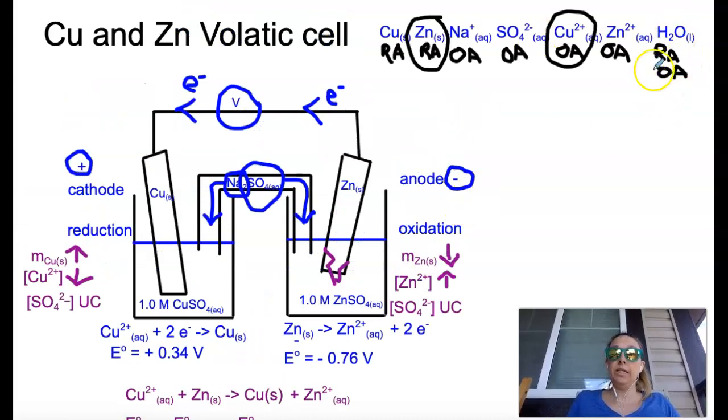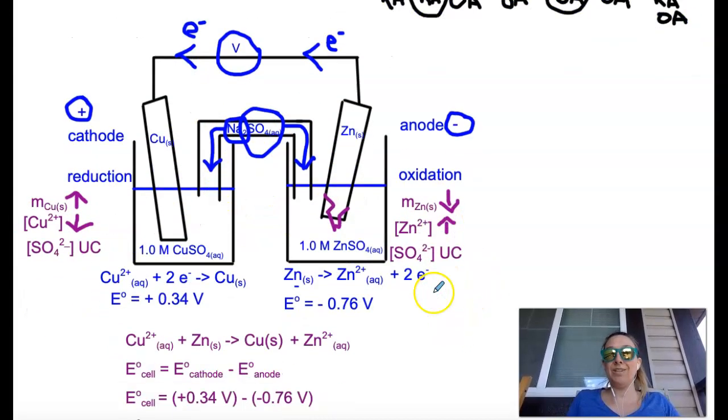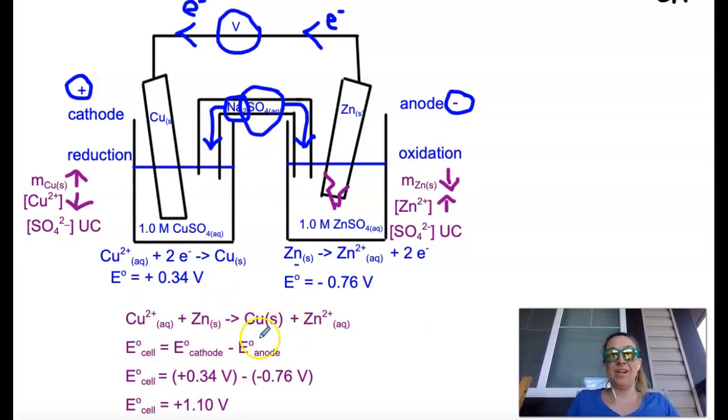We have to list everything, find the SOA, find the SRA, identify half reactions. We have to draw the cell. We have to identify oxidation, reduction, anode, cathode, electron flow, electrolyte flow, and then talk about the masses, the concentrations, generate an overall equation, and determine the E naught cell. So a lot of stuff going into just one question.